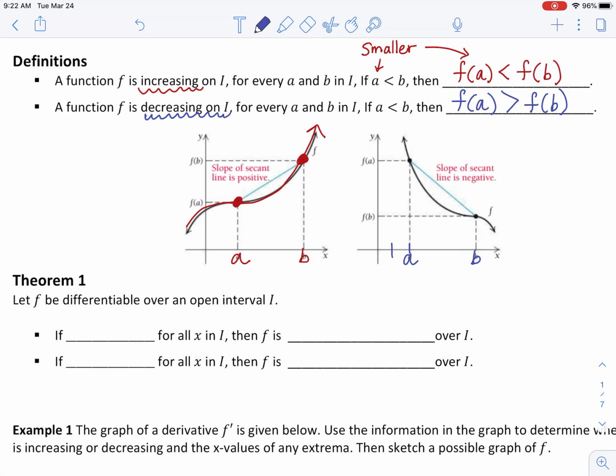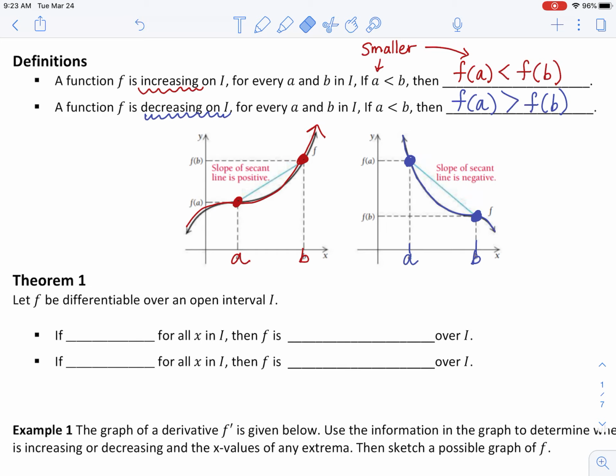If you want a random number, a could be something like 2 and b can be something like 6. But notice a has a higher y value compared to the y value for b. So if we have a picture like that, going down from left to right, we say that the function is decreasing. You've seen this idea before from pre-calculus, but I just wanted to talk about that first.